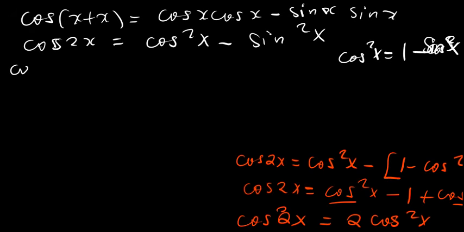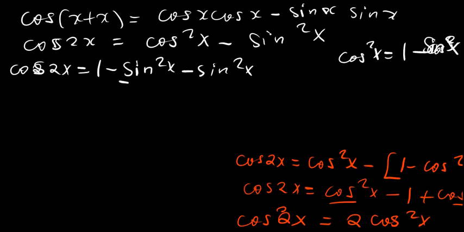So cos 2x, where there is cos squared, put 1 minus sine squared x. Then there's also minus sine squared x here. These two can be added, so it will be equal to 1 minus 2 sine squared x. This is another identity.